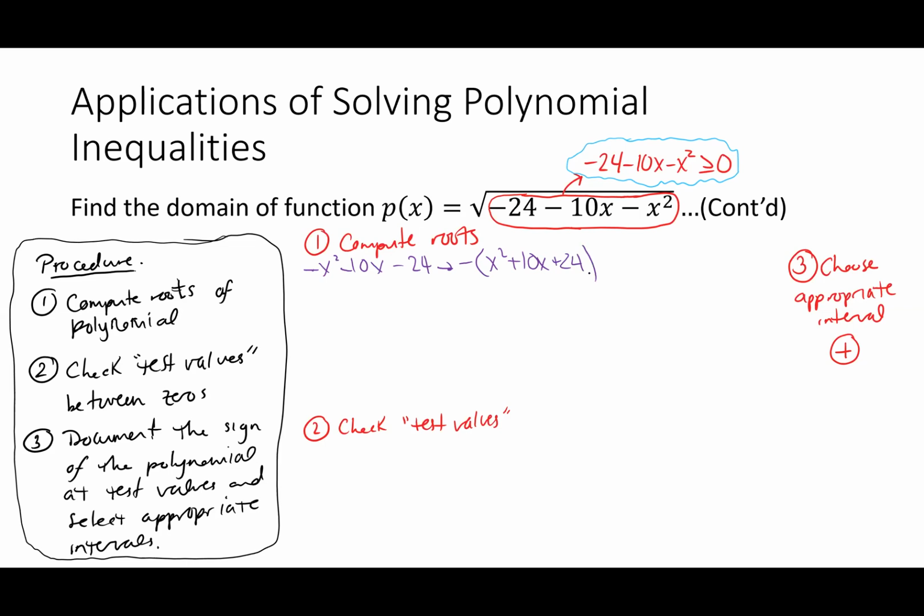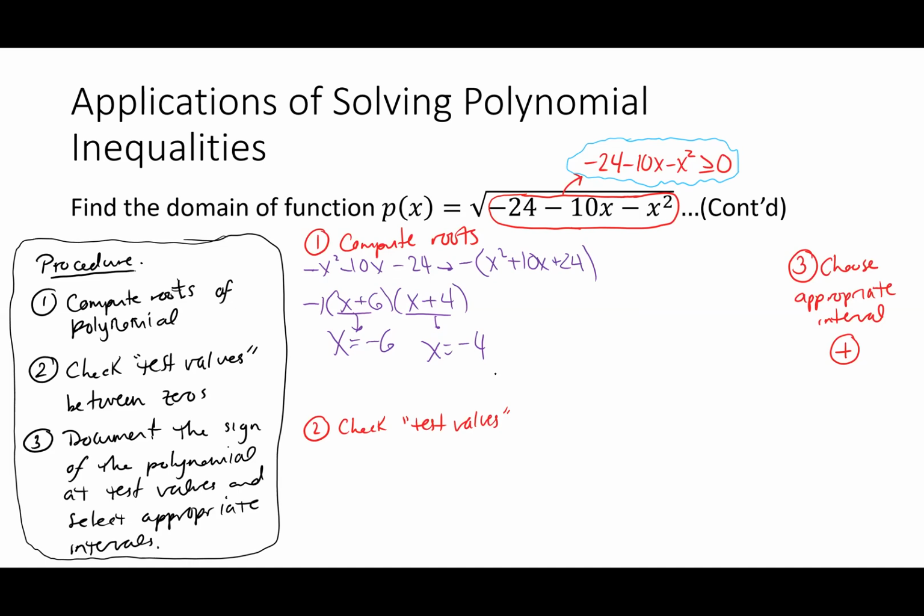I'll give you a second to factor that. All right. You should have x plus 6, x plus 4. This negative 1 isn't going to contribute to a root. So I've got roots at negative 6 after I set this equal to 0, and negative 4 after I set this equal to 0.